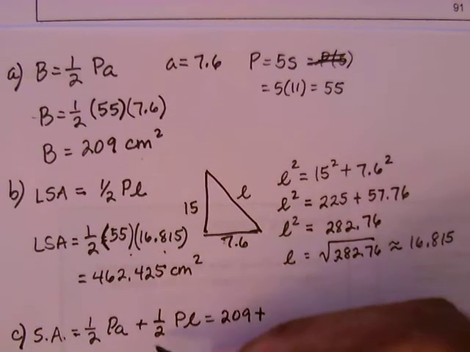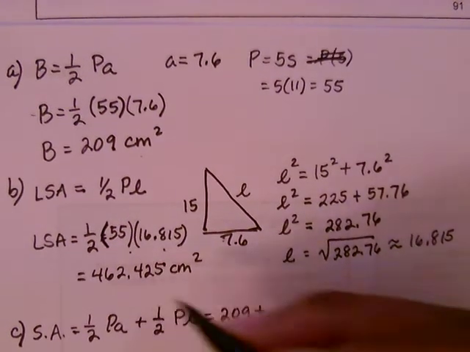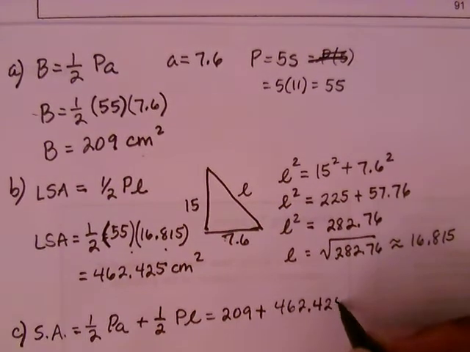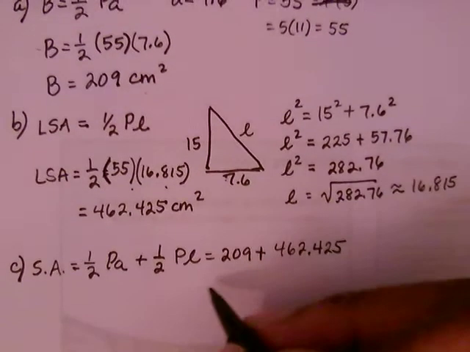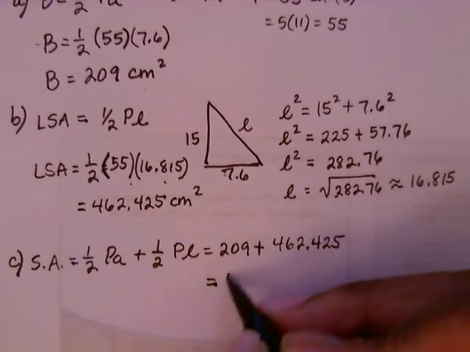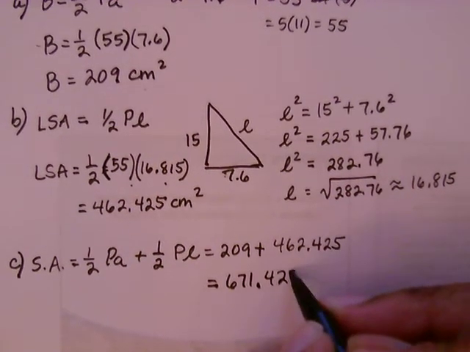Plus 1/2 P times L, that's this lateral surface area right there, 462.425. So if I add those two amounts together, I will get 671.425 square centimeters.